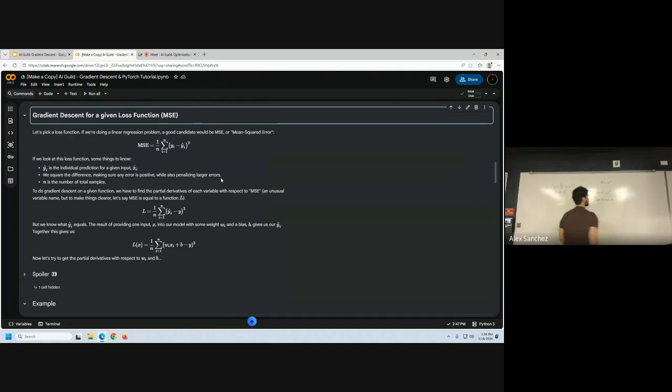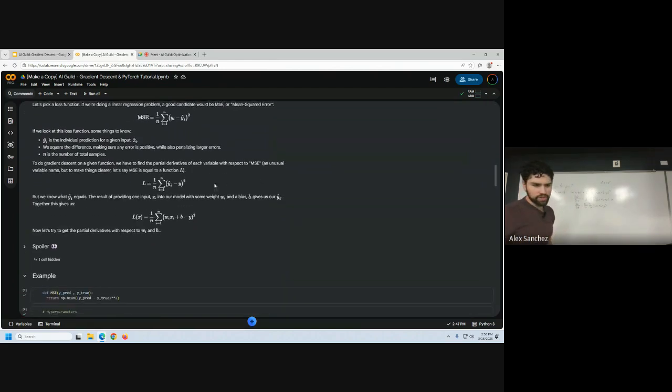It's just xi. And we do the same with the bias. The bias is very much the same: 2 over n, summation of i equals 1, and here we just get left with the same thing, except without the xi, because this is with respect to b, not with respect to w.